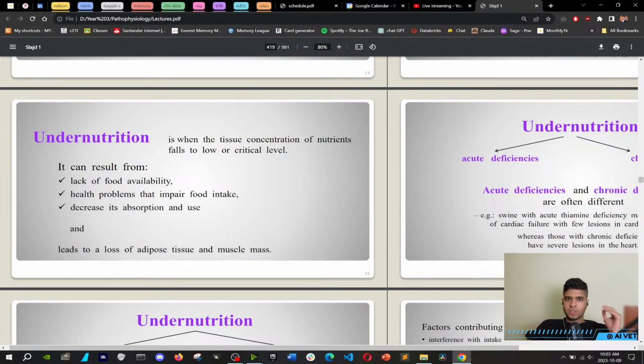Health problems that impair food intake, like any dental issue, jaw related issues. Loss of adipose tissue and muscle mass also could be a reason.